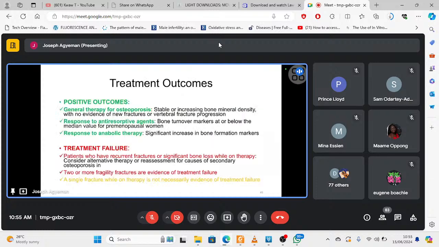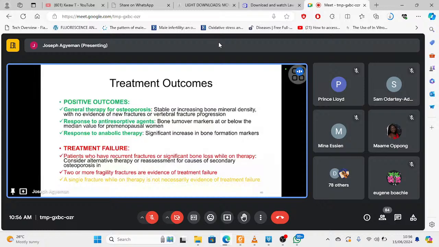All right. Now, how do you monitor treatment outcomes? Because with all these measurements and whatever monitoring, we are saying that we are going to look for what outcomes. That is why we are doing monitoring. Now, we have situations where you can have positive outcomes or treatment failure. So when do we say that per the monitoring, we are having positive treatment outcomes?